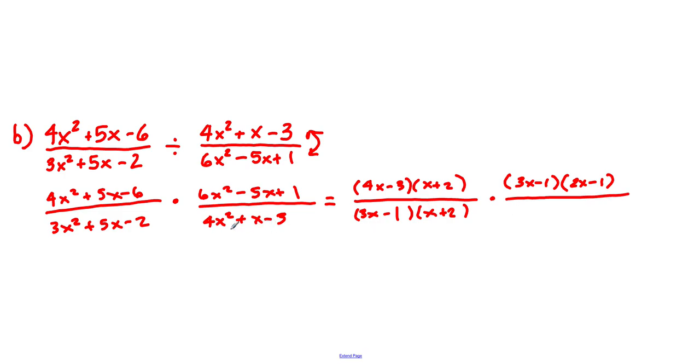And our denominator 4x squared plus x minus 3 should factor into, well, we have a 4x minus 3 here, so since we're practicing that skill, there's a good chance this one's also going to be 4x minus 3, and we've got an x plus 1 in here. Now as we look for fractions that will give us 1, we know that x plus 2 and x plus 2, when we divide them, give us 1 over 1. 3x minus 1 and 3x minus 1 give us 1 over 1.